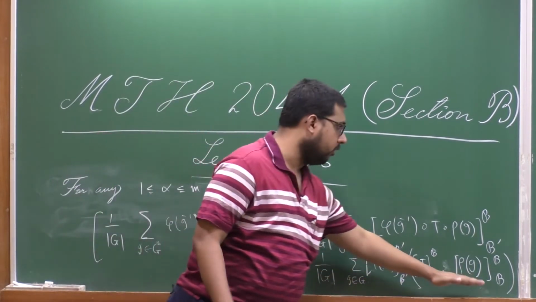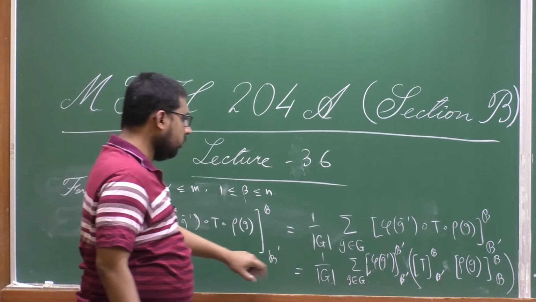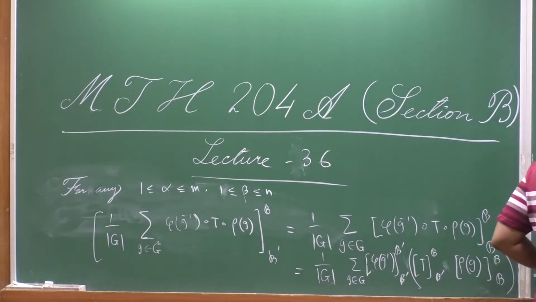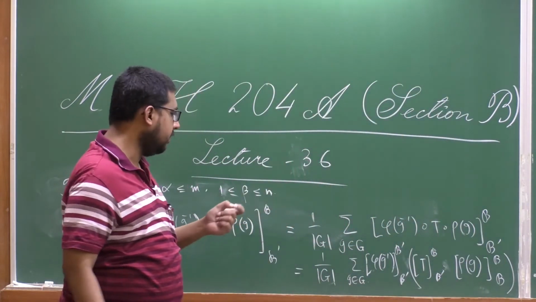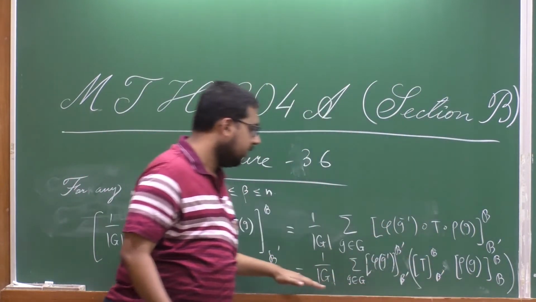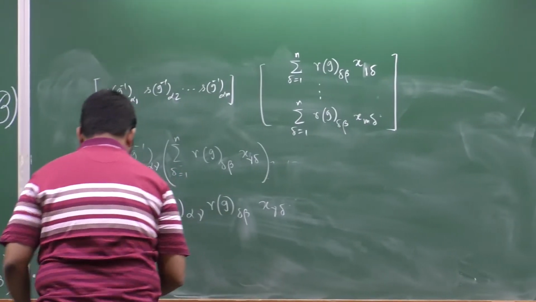Again let me repeat, this is the coefficient at that position for any typical G. And the entire sum would be just the sum of this.